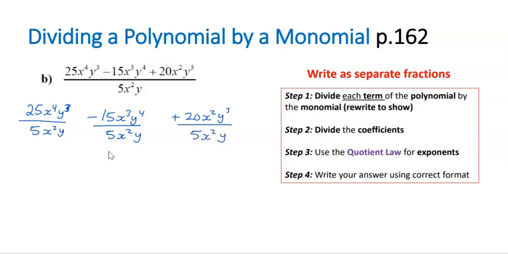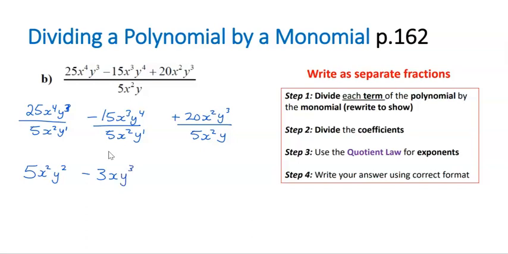Okay, we're going to start to divide and subtract. 25 divided by 5 is 5. x to the 4 minus 2 is x squared. y to the 3 minus 1 is y squared. For our second term, negative 15 divided by 5 is a negative 3. x to the 3 minus 2 is just x. y to the 4 minus 1 is y cubed.